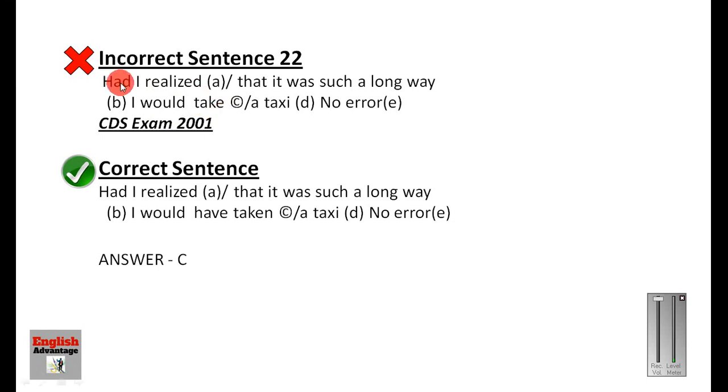So this is the problematic part. Had I realized that it was such a long way, I would have taken. So the answer would be C. Okay, this is also very common, and very common in the bank PO exam also.